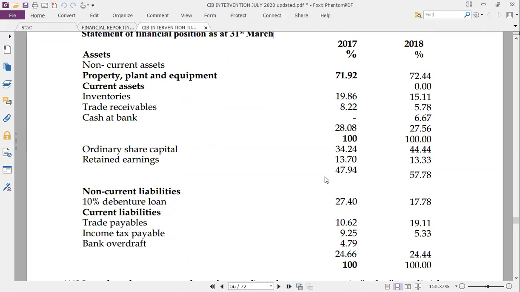Full stop. This is as a result of the decrease in the receivable and the inventory. That is it.